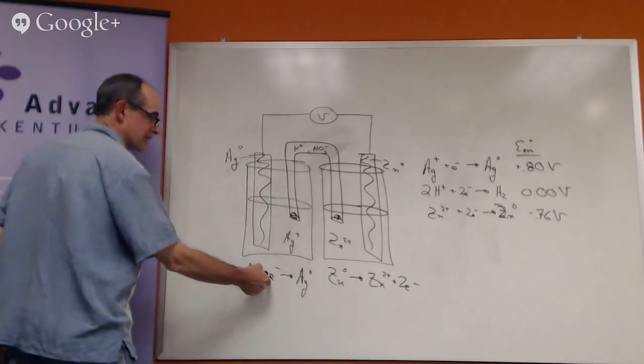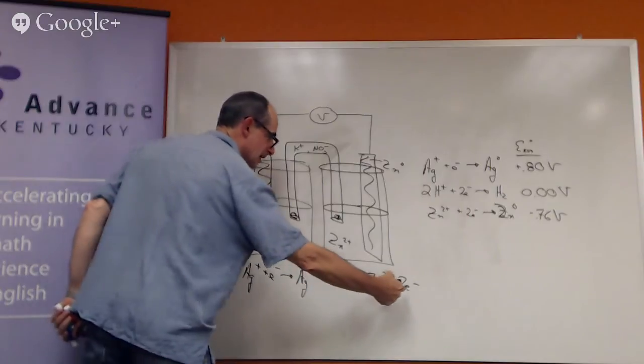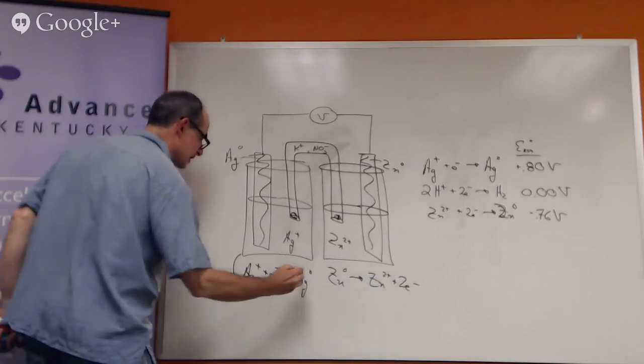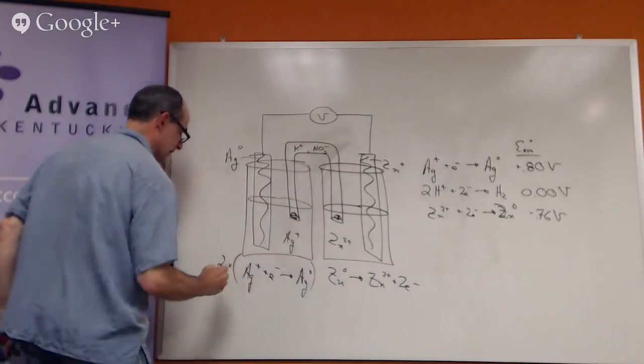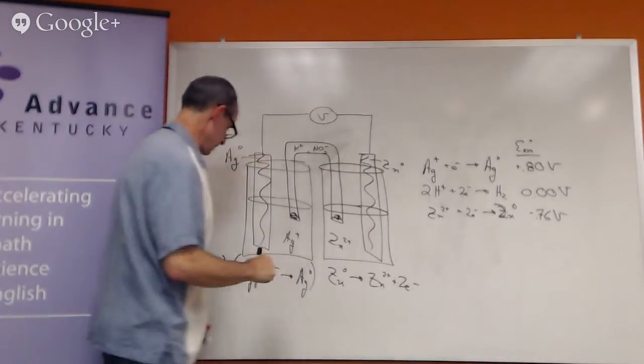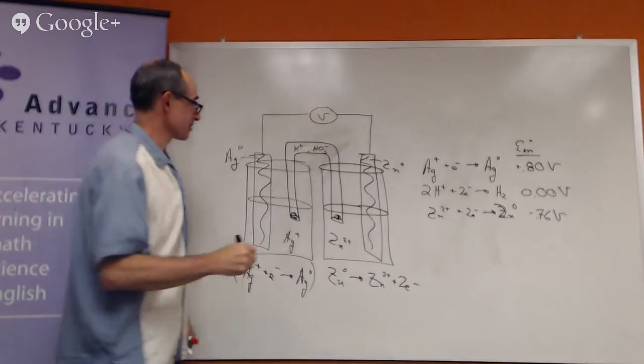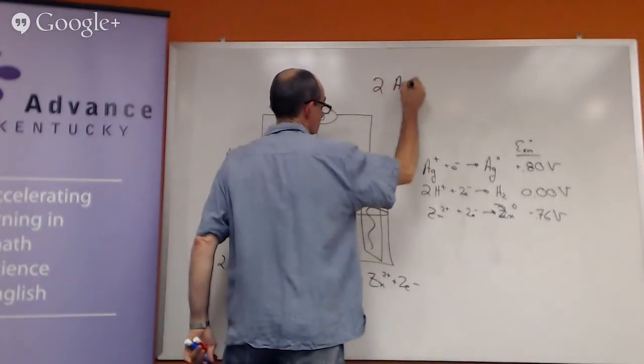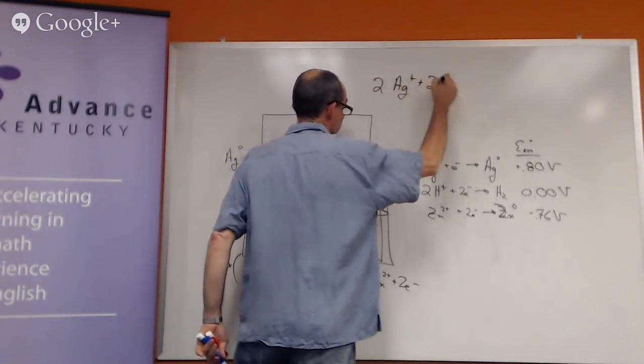We've got to combine them into our net ionic equation. Since we've got 1 electron being gained over here, 2 electrons being lost over here, we're going to multiply this whole thing by 2, and we're going to get the net ionic equation, which would be 2 silver ions plus 2 electrons.